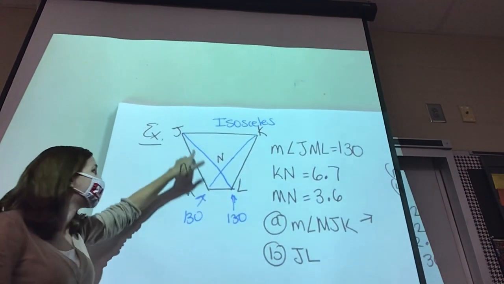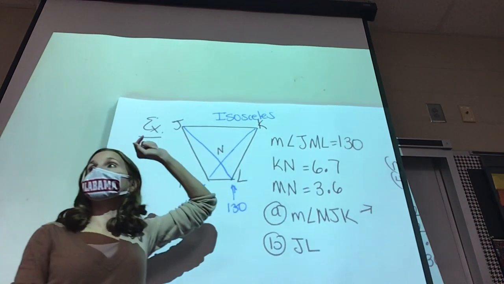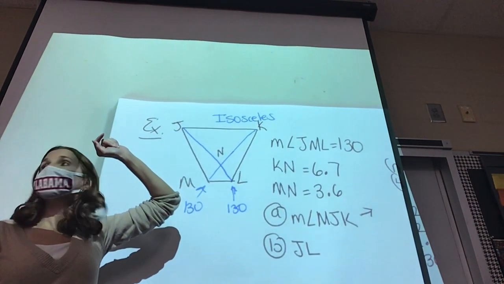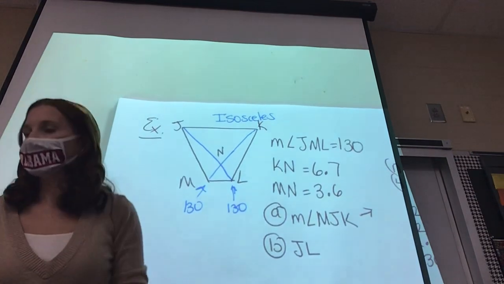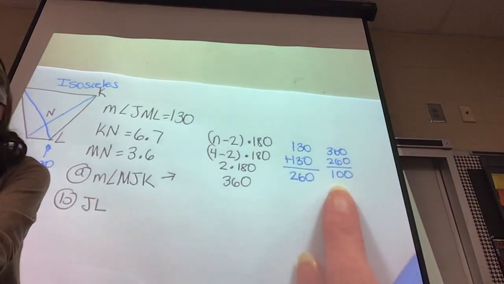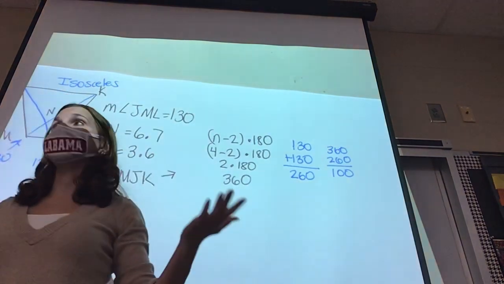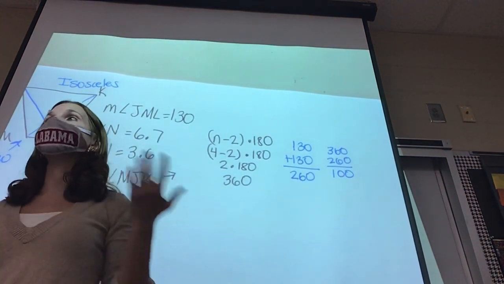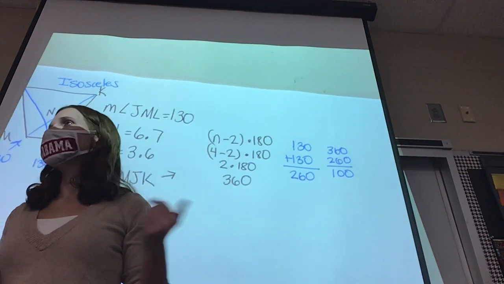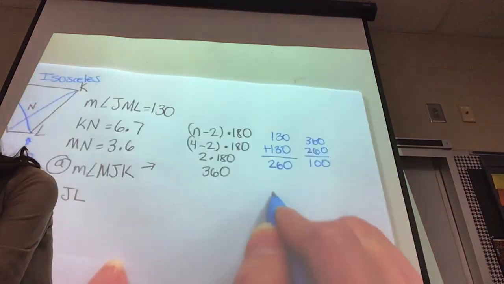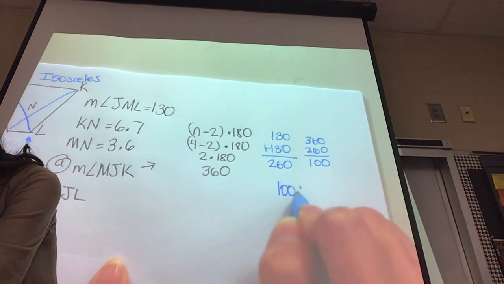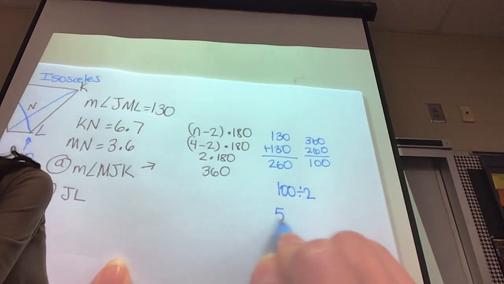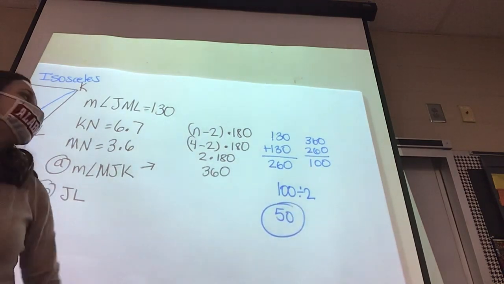So if these were both 130, then these two are both going to be what? 50, because you had 100 left. So if you divide it by 2, what is each one of them going to be? 50. So all you had to do was 100 divided by 2, and it told you that each one of them would be 50.